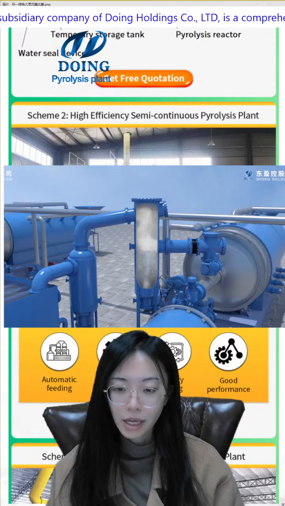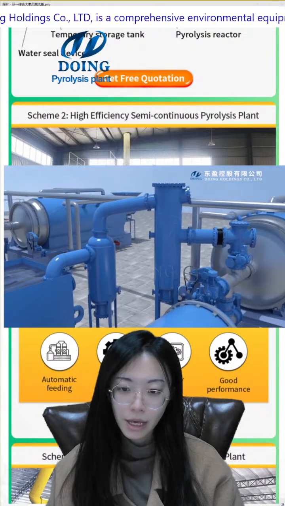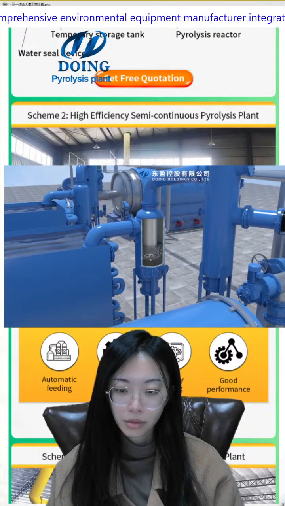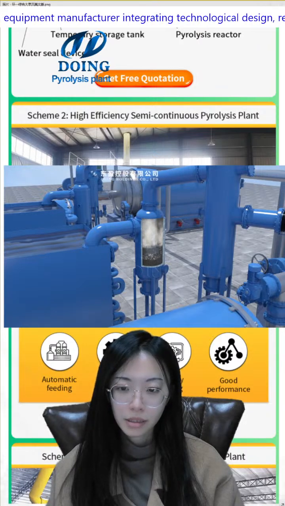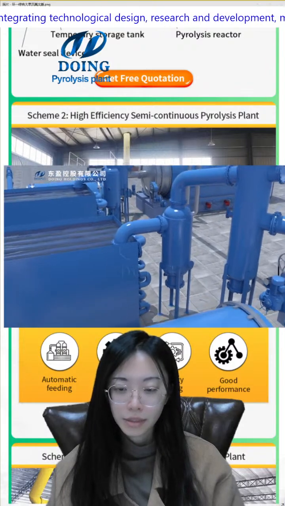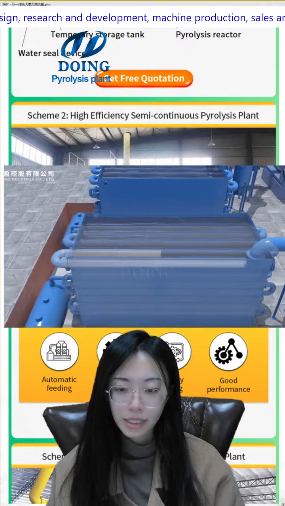And this is a buffer tank to slow down the speed of the oil gas. And this is a water seal safety device to prevent the oil gas from returning to this reactor. And this is the water tank condensers.